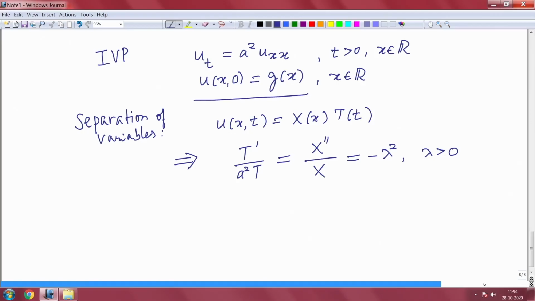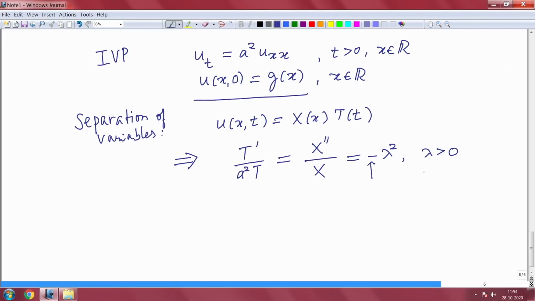Physically, if the rod is heated in a bounded fashion, that means bounded temperature, then we can expect the temperature to remain bounded for all future times. So we cannot take the positive sign, which makes T exponentially grow and the solution grow exponentially large, which is not physically meaningful. So that is why this negative sign. Okay, so that is important.